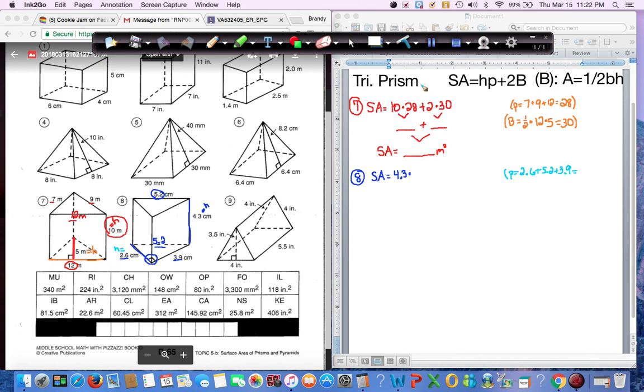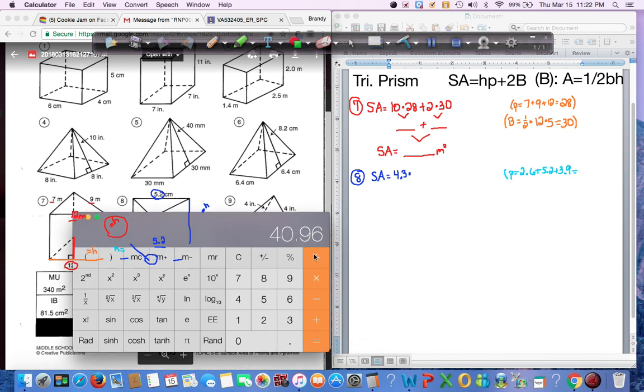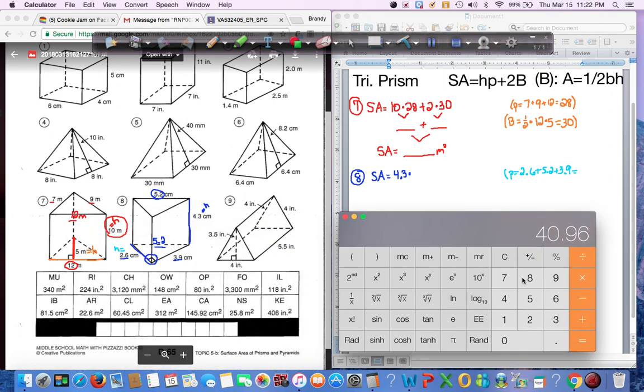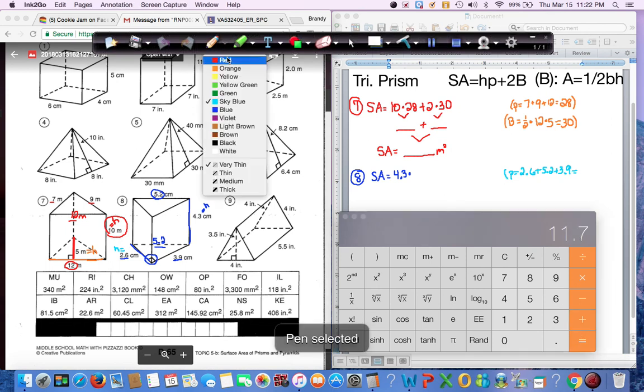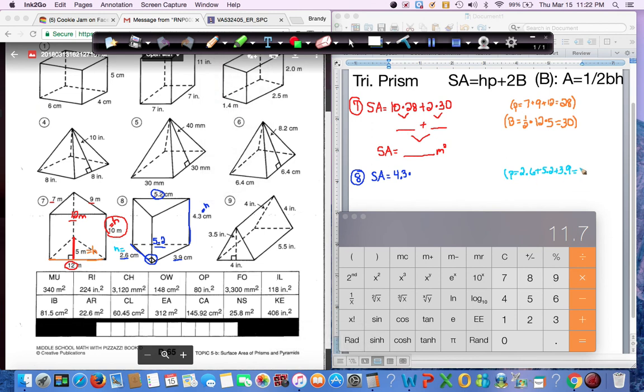2.6 plus 5.2 plus 3.9. 11.7. Okay? And that is our perimeter.